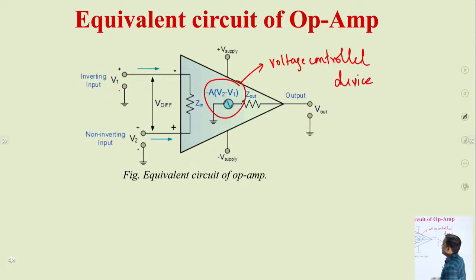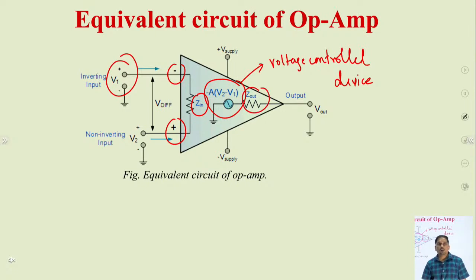Initially we have the negative input, which is the inverting input, and the positive, which is the non-inverting input, and between these we have denoted Zin, the input impedance of the op-amp. As per the definition, we have seen that an operational amplifier is a very high gain differential amplifier whose input impedance is very high and output impedance is very low.